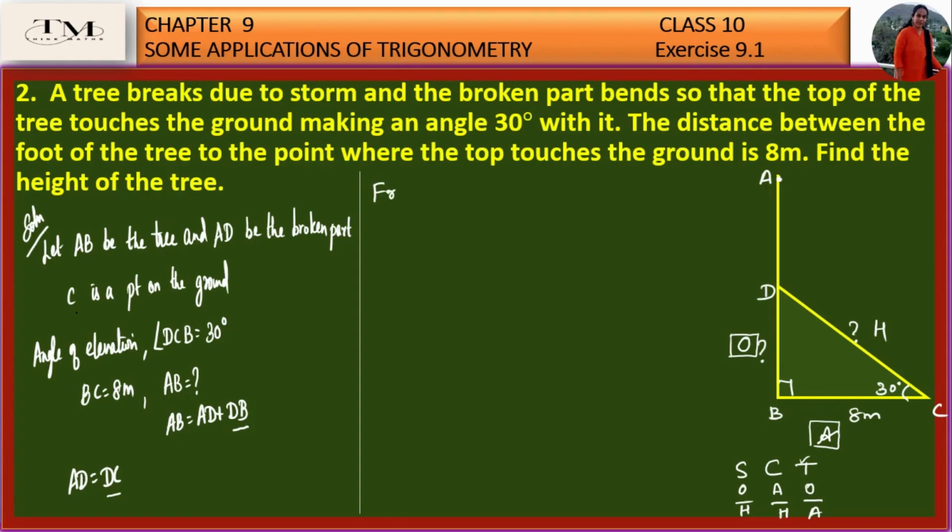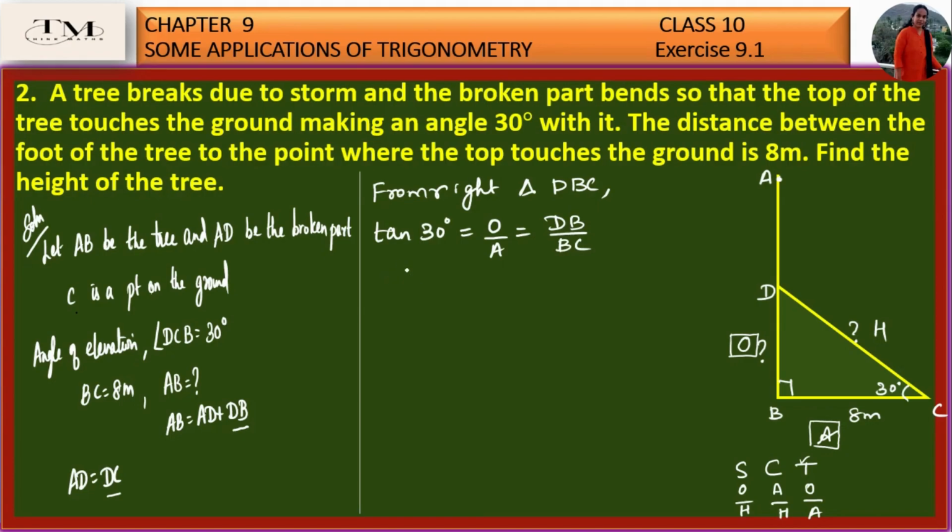So from right triangle DBC, we have tan 30 degrees equal to opposite by adjacent. So which is the opposite side? DB. Adjacent side is BC. So what is tan 30 degrees?